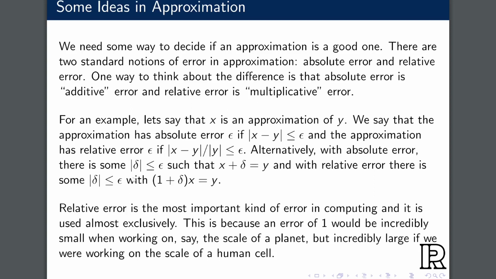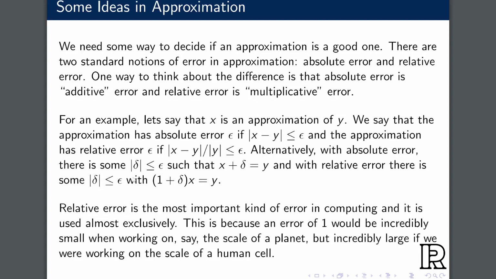So for reasons, when the floating point standard was designed, relative error was the most important thing. So floating point prioritizes minimizing relative error. And this is for good reason. If we're doing a calculation and our numbers are in the billions, a difference of 1 kind of doesn't matter.